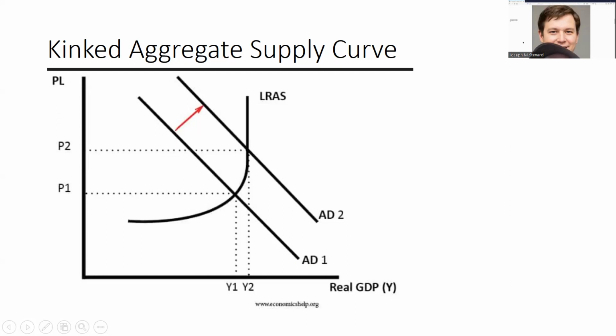We can't produce above a certain amount of production. Our GDP is limited, but along a certain stretch, it can be influenced by the price level. And then below a certain point, you have a horizontal supply curve because there's a certain amount that's going to be produced irrespective of the price level as well.